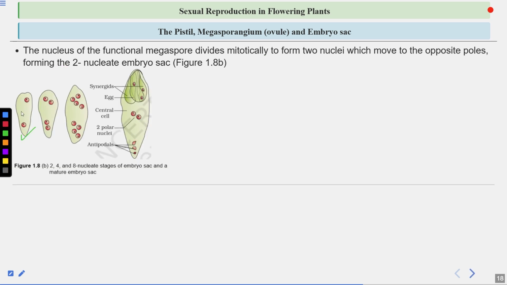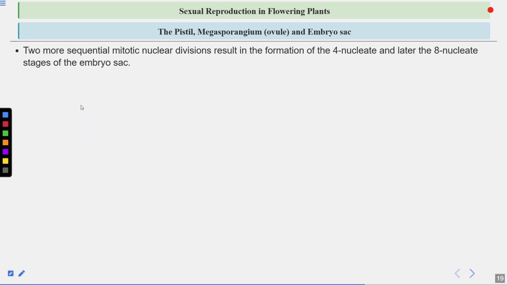Now these 2 nucleus again divide and forms 4 nucleated stage. Now these 4 nucleus again divide mitotically and it forms 8 nucleate stage. 4 nucleus at each pole and it forms the 8 nucleate stage. So 2 more sequential mitotic nuclear division result in the formation of 4 nucleate and later 8 nucleate stage of the embryo sac.